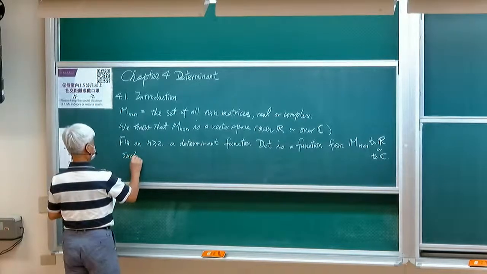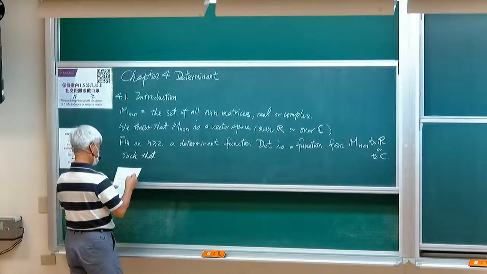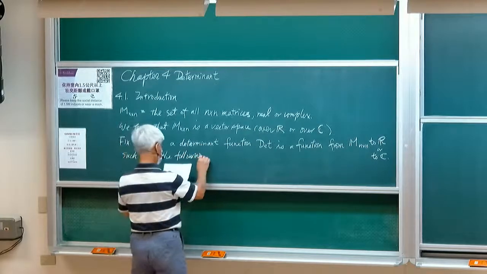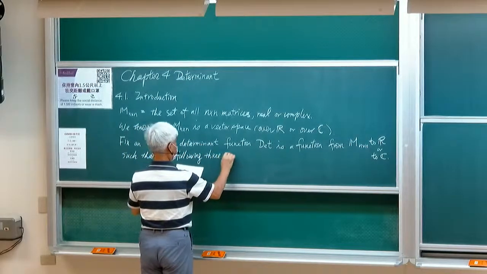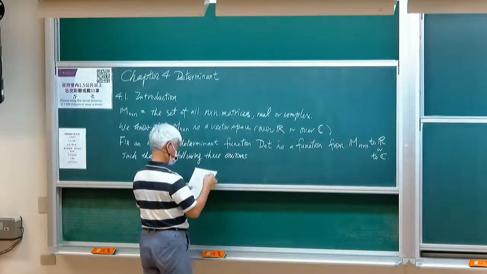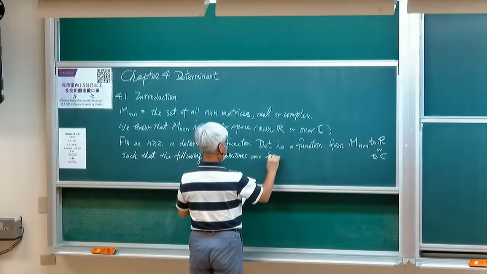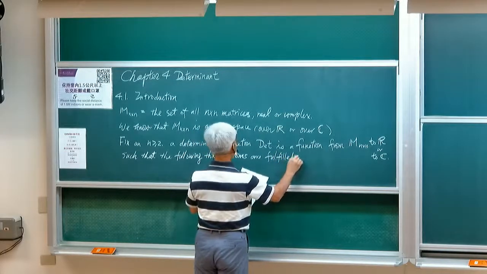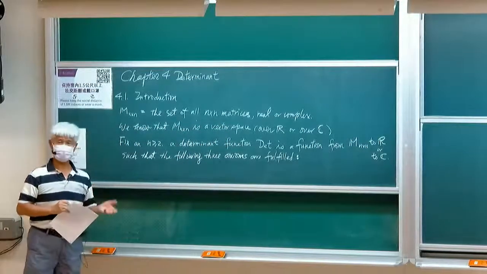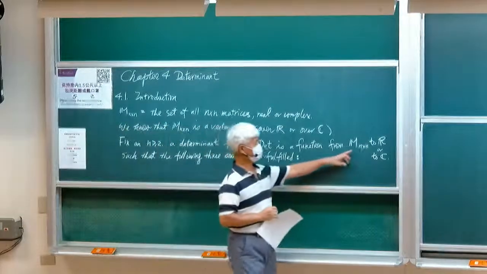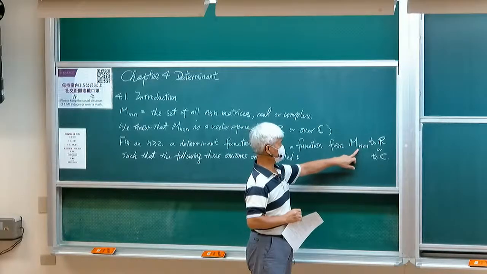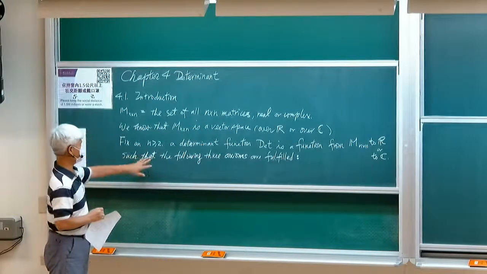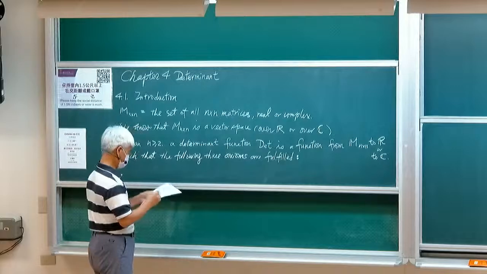We give a qualification, such that the following three axioms are fulfilled. So for a function from the vector space of all n times n matrices to the set of all scalars to be a determinant function, it must satisfy the following three axioms.